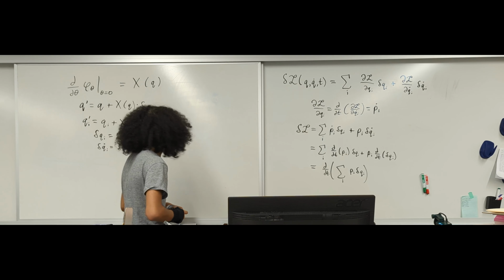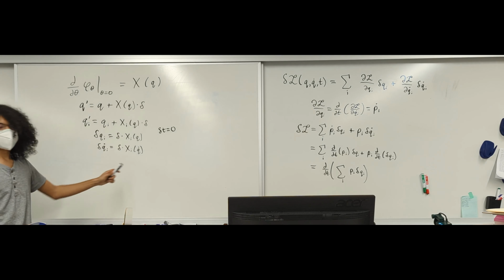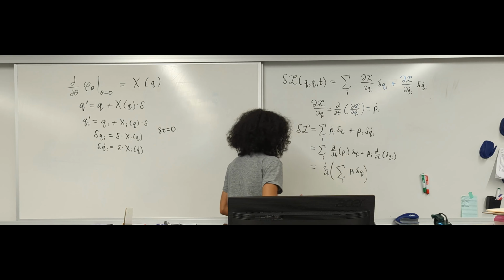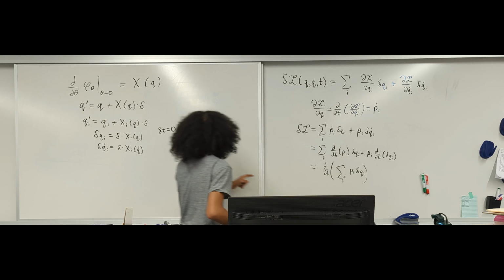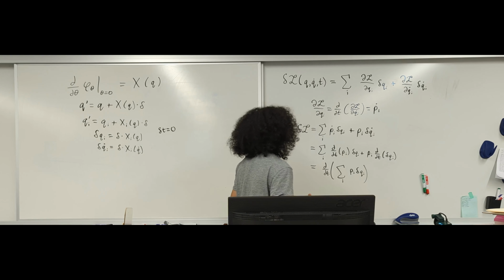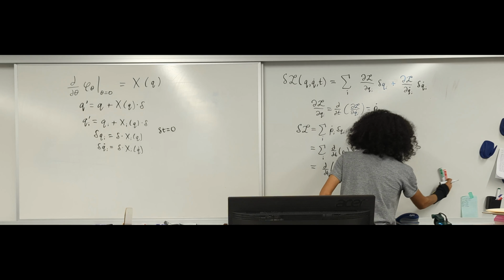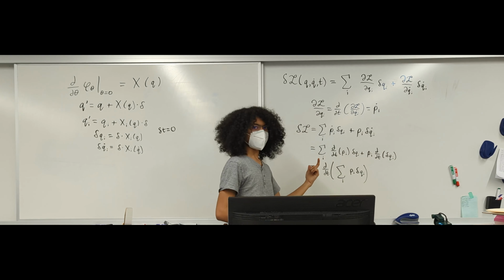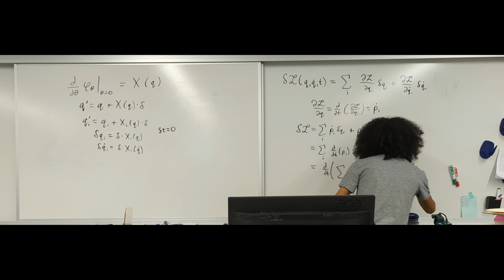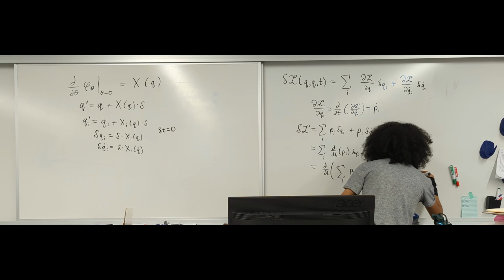So now I will substitute these things in. And so delta qi was equal to delta times xi of q. And so because they're all multiplied by delta, I can just factor that out. So what I get is delta times d by dt of the sum pi xi of q.